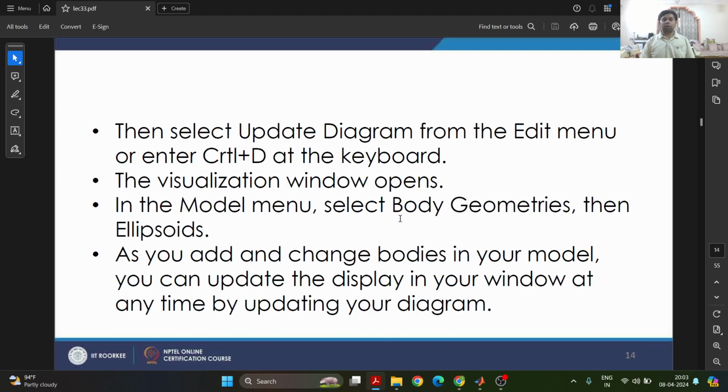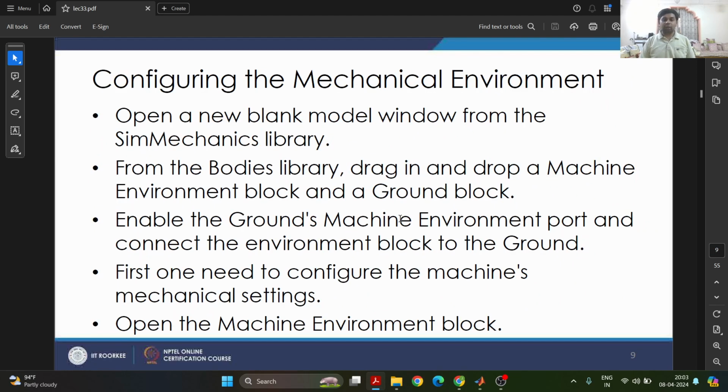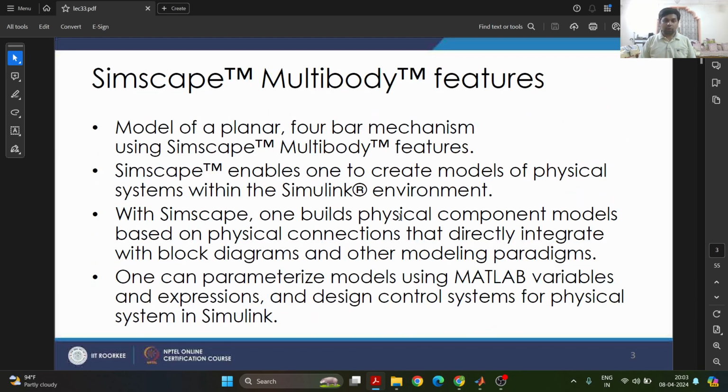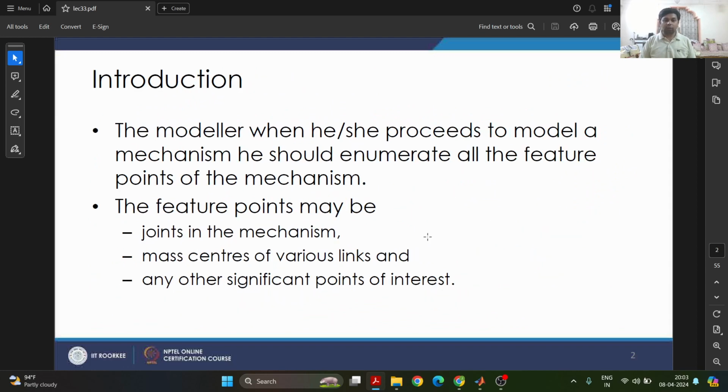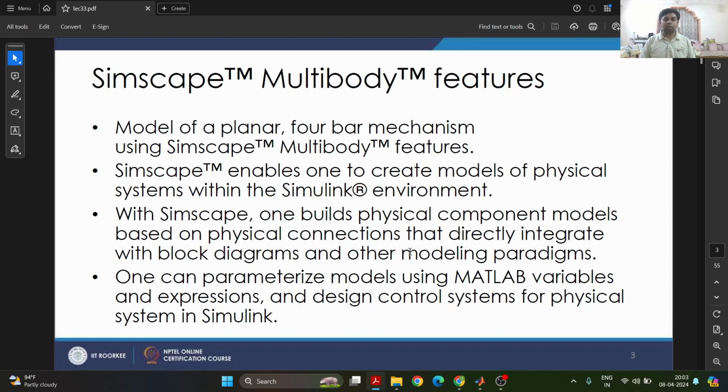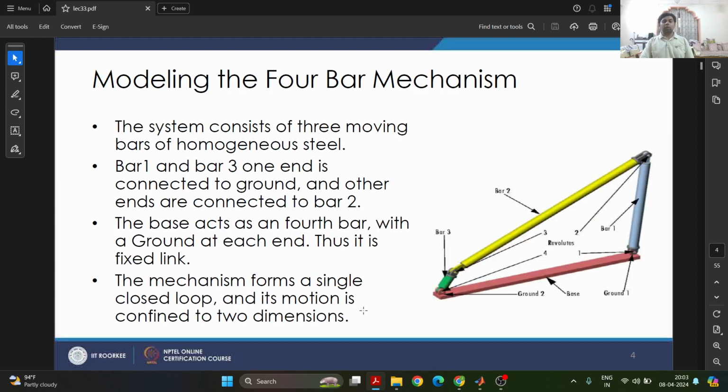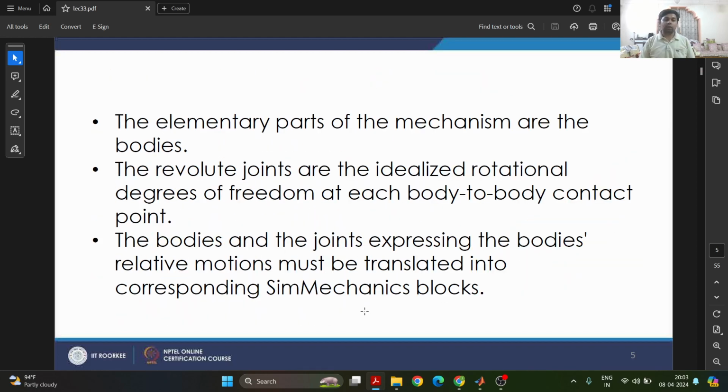The professor has mentioned SimMechanics somewhere. It was earlier known as SimMechanics, but it is now called Simscape Multibody, so the user interface might have changed.